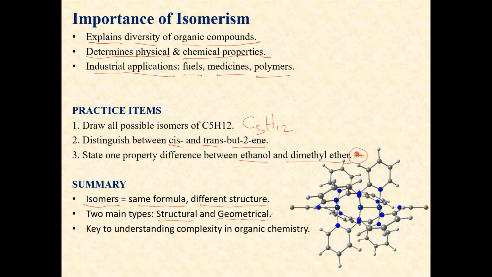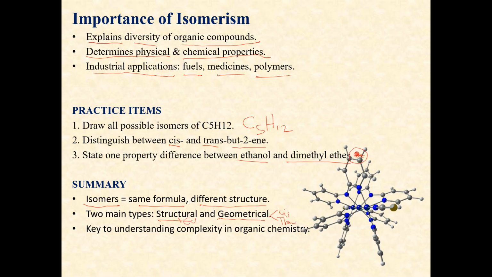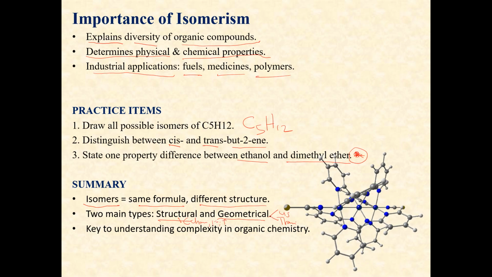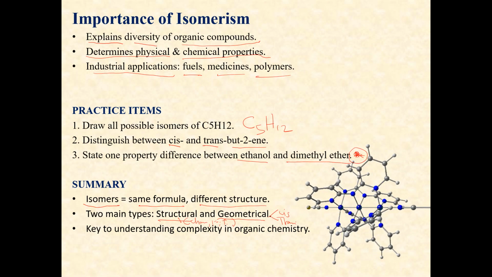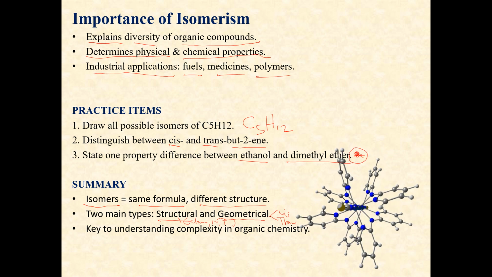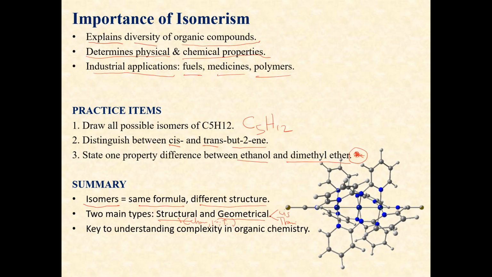We have seen the difference in the geometrical, where we have the cis and the trans, and in structural we saw 3 types: chain, position, and functional group isomerism. Still in summary, we have looked at the key to understanding complexity in organic chemistry, and the importance of isomerism.